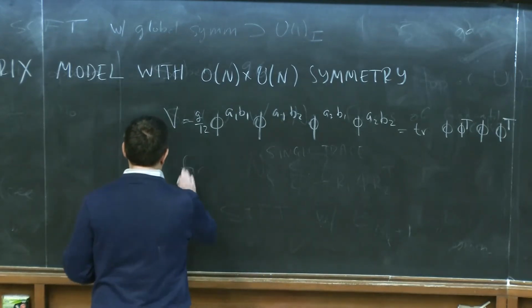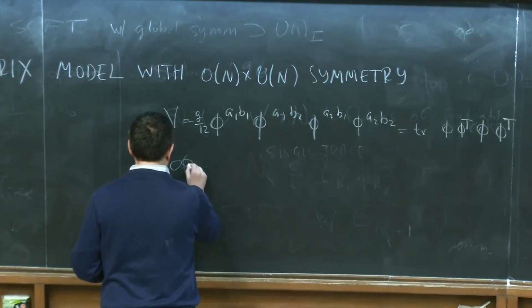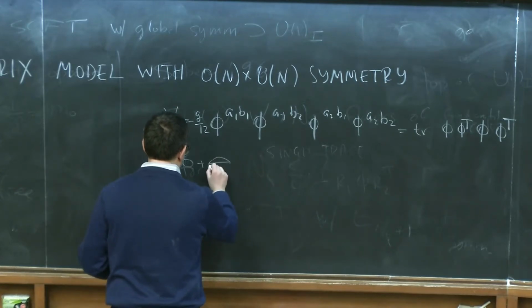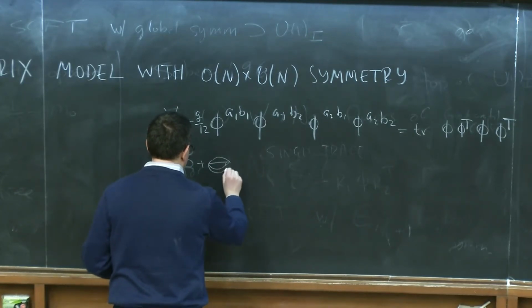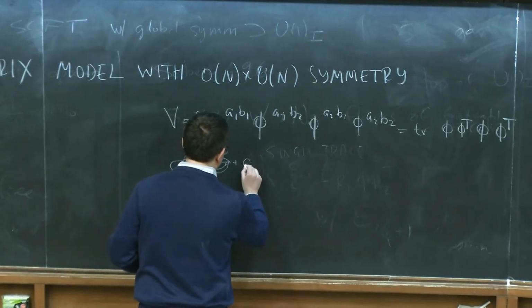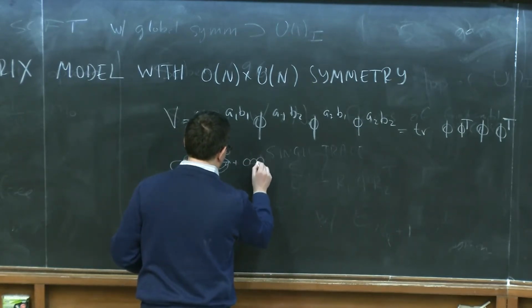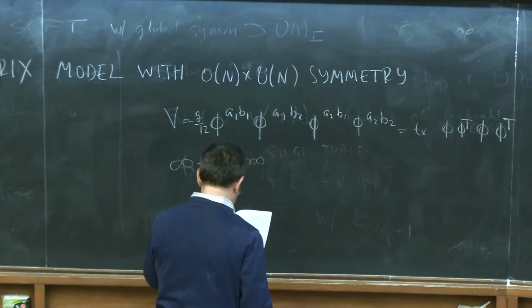So again, we start evaluating the figure 8 graph, the melon graph, and the triple bubble. And you get the following story.